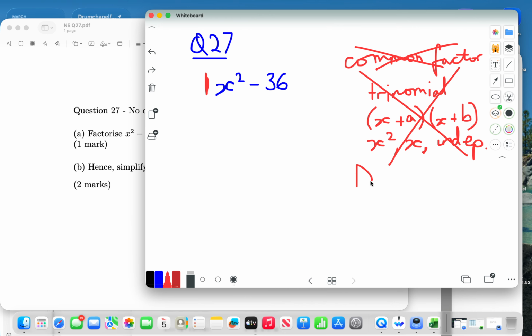The last thing is what I call DOTS. Difference of two squares. The idea with a difference of two squares is, if you have p squared minus q squared, then you can write this as p minus q, p plus q.